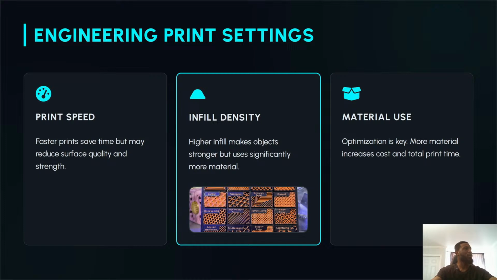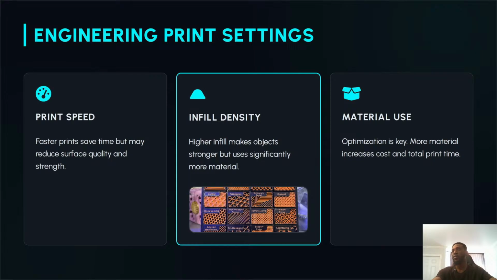When we talk about engineering print settings, there are various settings when you're using your 3D printer. Talking about print speed, you can always adjust how fast you want your printer to go. But you should take note: the faster your print is, the less likely it is to be perfect. The faster you go, the rougher your print might be, depending on whether you have a high-end modern printer.